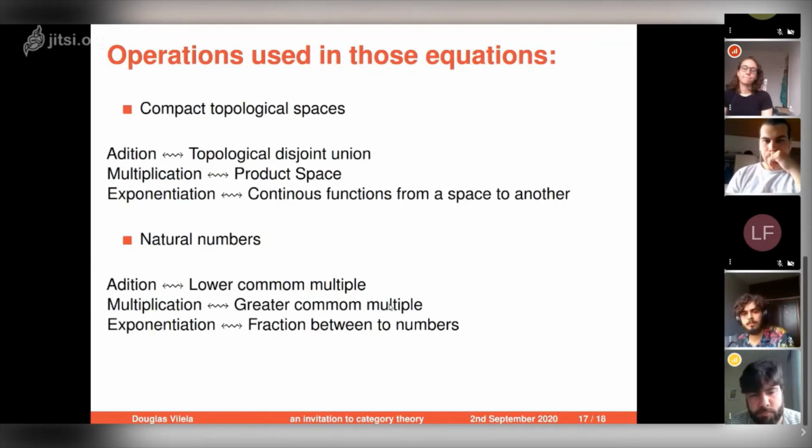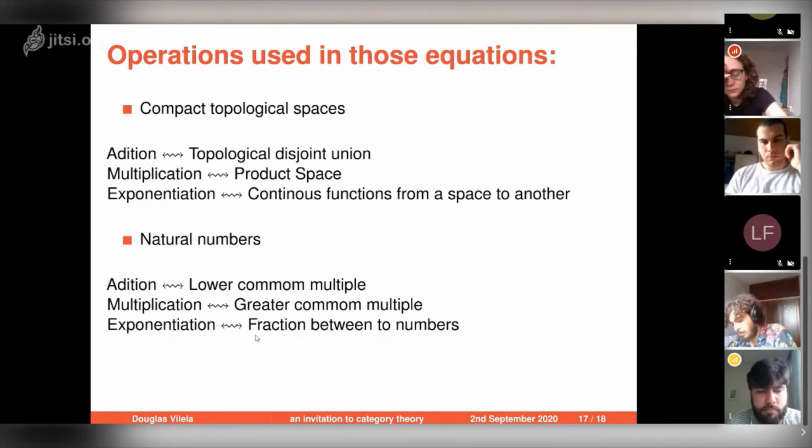And exponentiation is like a fraction between numbers. You can think that if we have a natural number a and a natural number b, the idea is that this exponentiation is like a function between these two.